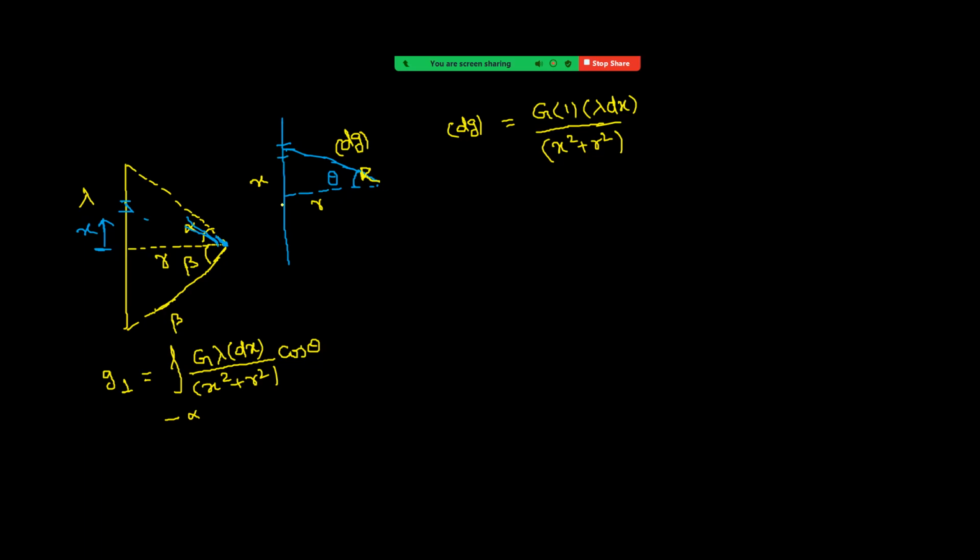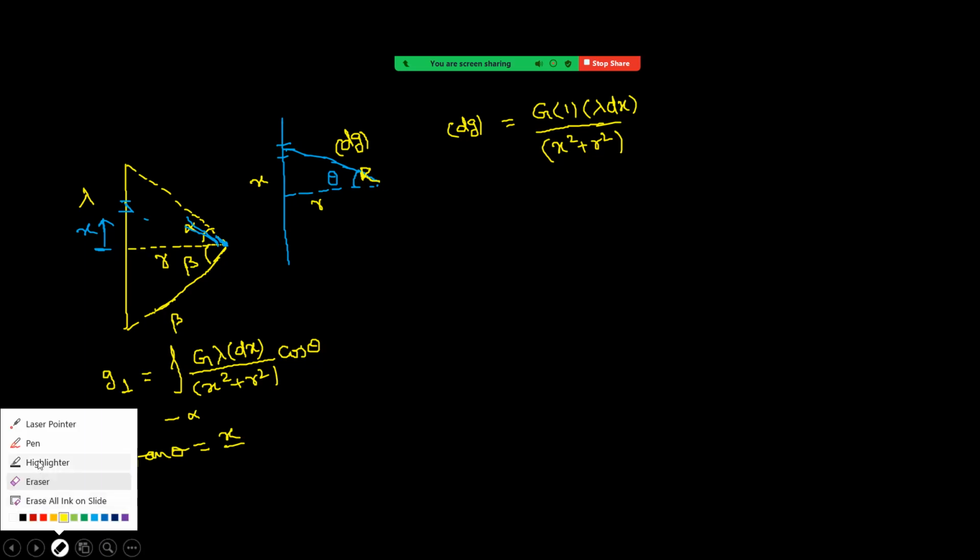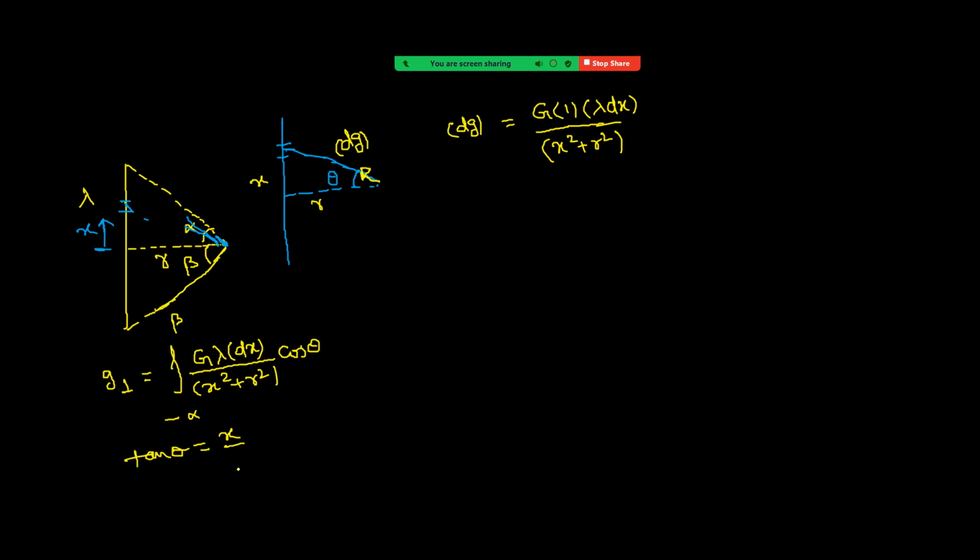From this diagram, we can say tan theta equals x by r, and here we want dx. So we have to differentiate this.